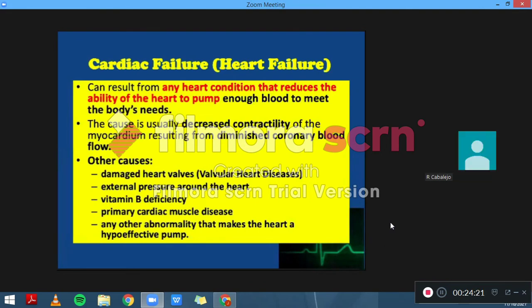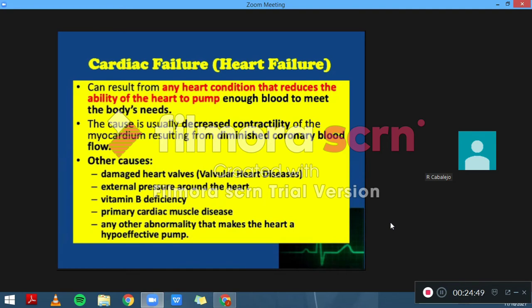Okay, so again, heart failure can result from any condition that reduces the ability of your heart to pump enough blood to meet your body's needs. So the general pathophysiology of CHF is caused by decreased contractility of your myocardium resulting from diminished coronary blood flow. However, there are other causes of heart failure not resulting from coronary artery disease.